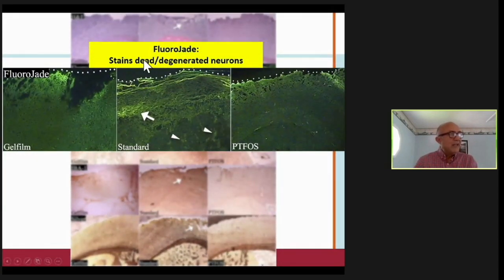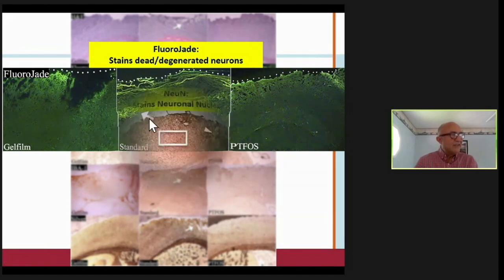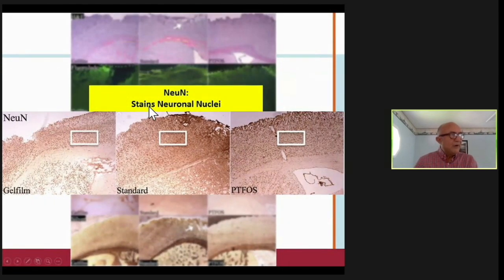We did Fluoro-Jade staining to look at dead or degenerated neurons, and we saw that the gel film again was similar to the PTFOS, while we saw dead neurons in the case of the standard electrode. We used NeuN for the stains of neuronal nuclei. The nuclei density stayed the same for the PTFOS and the gel film, while for the standard, there was a reduction in the nuclei.